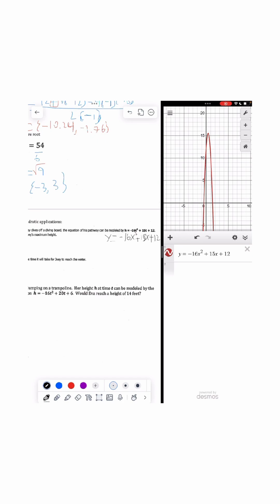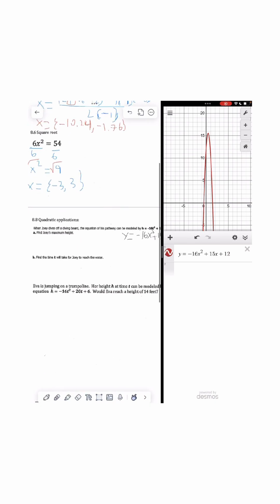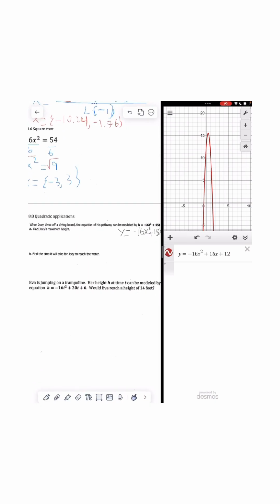I can plug that exact equation into Desmos. So the x values in this equation will be representing the time, and the y values will be representing the height. We are looking for Joey's maximum height here in this equation. So how can we find Joey's maximum height? We look at the vertex of the graph that we just graphed on the right side.